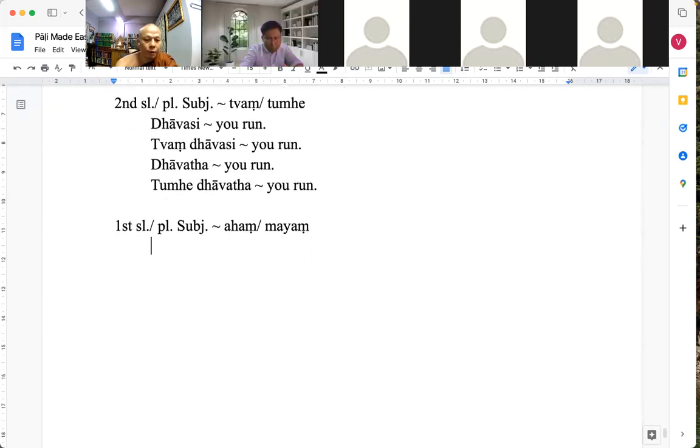So now the singular verb. So dhavami alone also can mean I run. But if we want to use a subject, at that time, aham dhavami. Also, I run. The same way with the other verb.